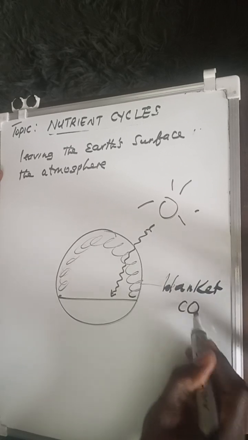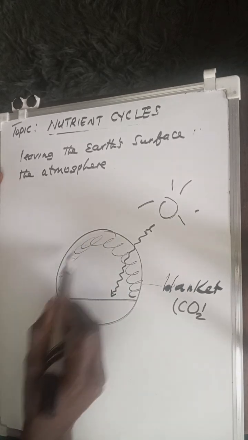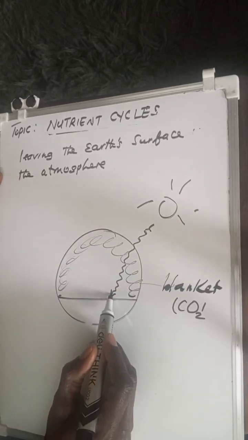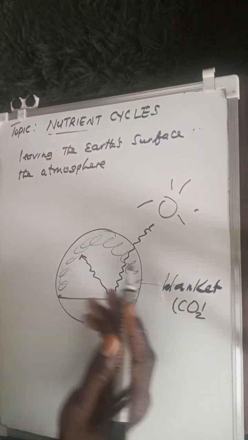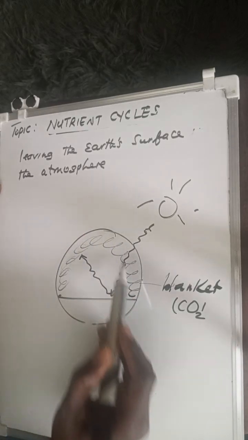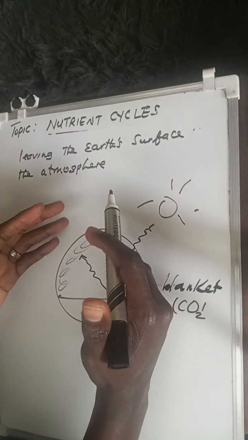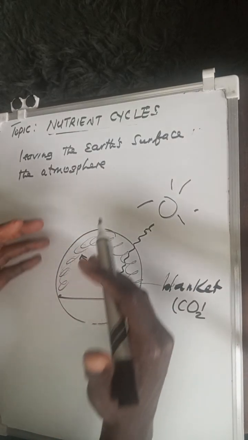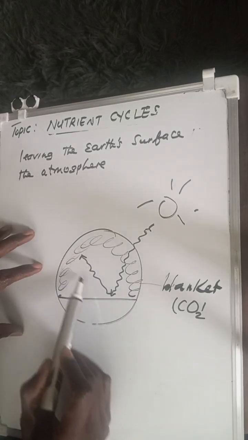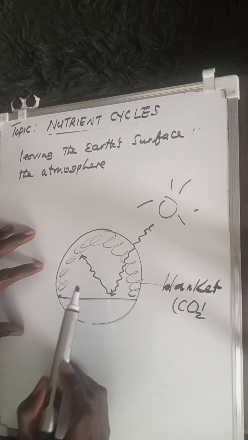It is simply a blanket of CO2. A layer of CO2 is going to be created in the atmosphere. Now, instead of escaping, the heat will not escape. As a result, it is going to be trapped by that blanket of carbon dioxide. When it is trapped, it is going to cause an increase in the temperature on the Earth's surface.